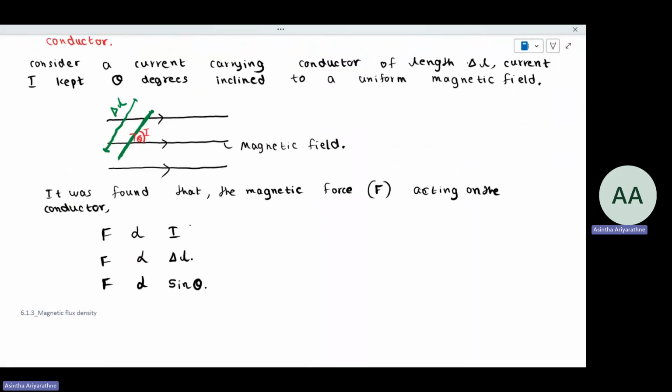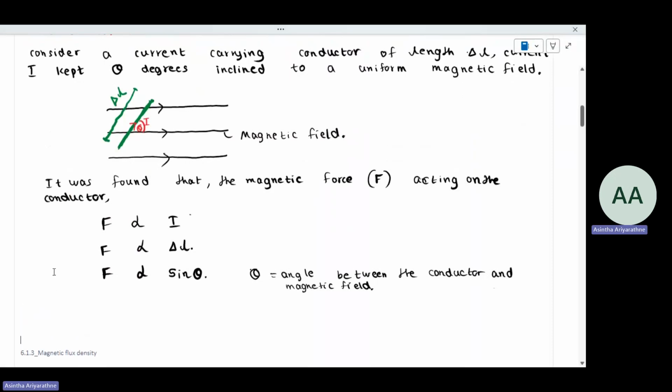Theta is the angle between the conductor and the magnetic field, and the sine value of that.